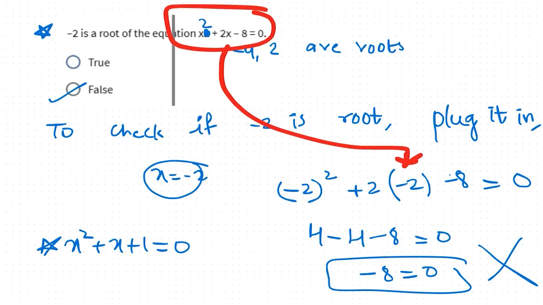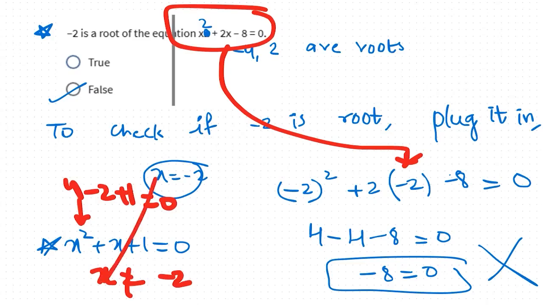It's false. The answer is +3. So you get 4 minus 2 plus 1, so it's not 0.